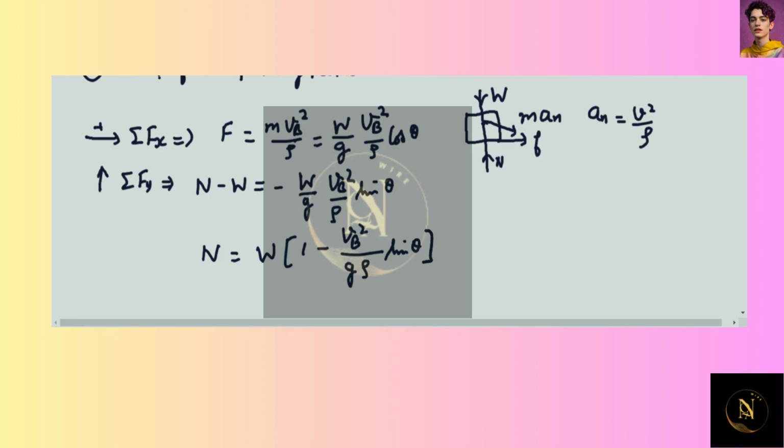So maximum value of friction is mu s into N. Normal reaction we can substitute here.